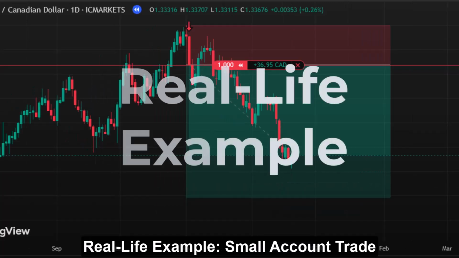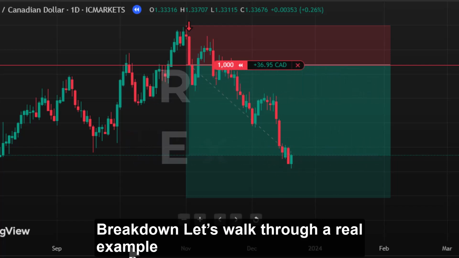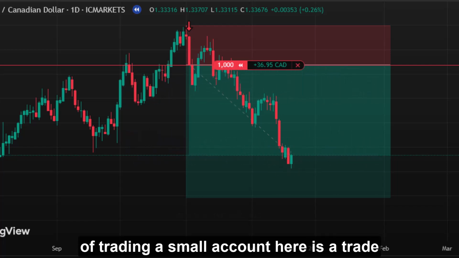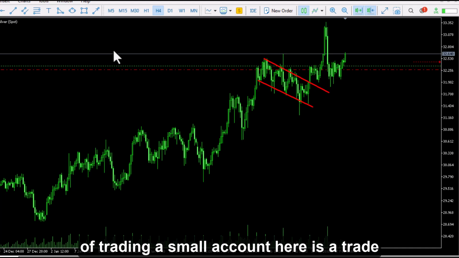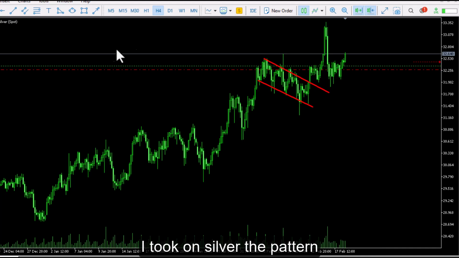Real life example: small account trade breakdown. Let's walk through a real example of trading a small account. Here is a trade I took on silver.